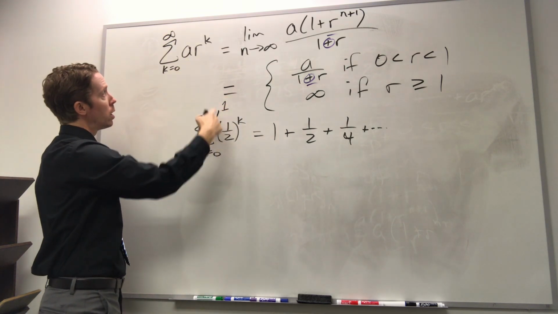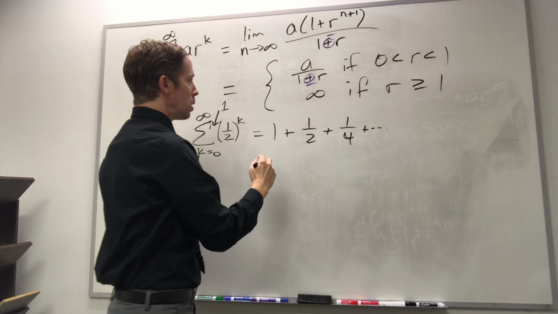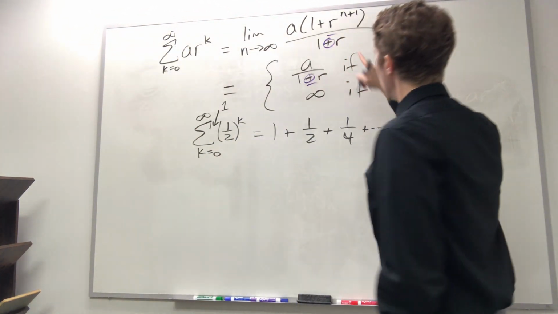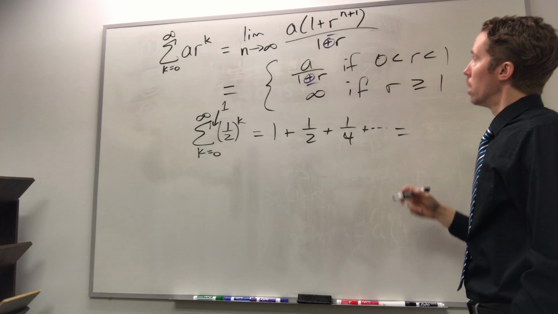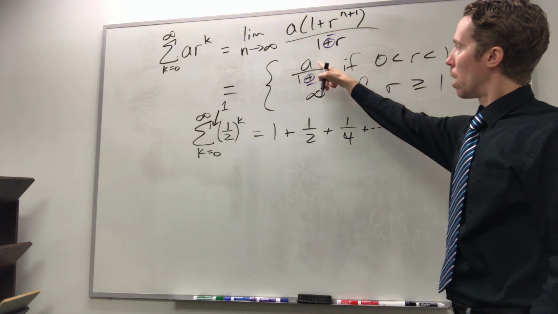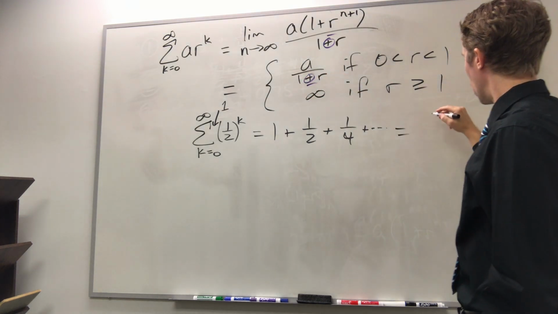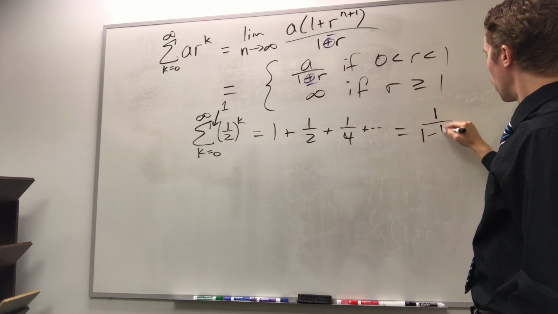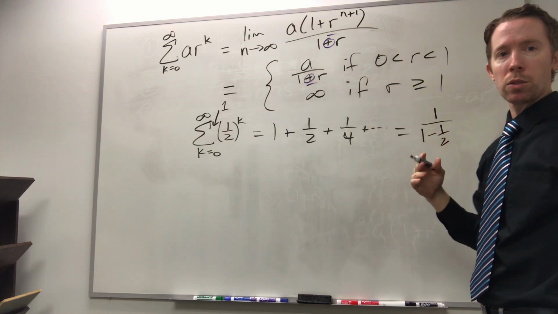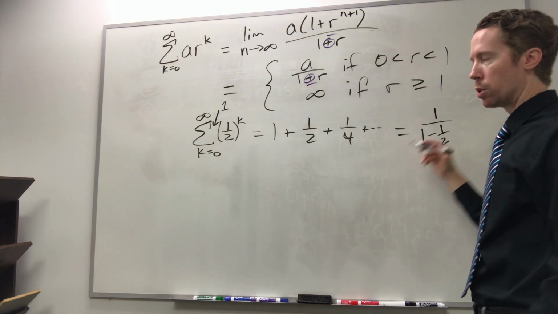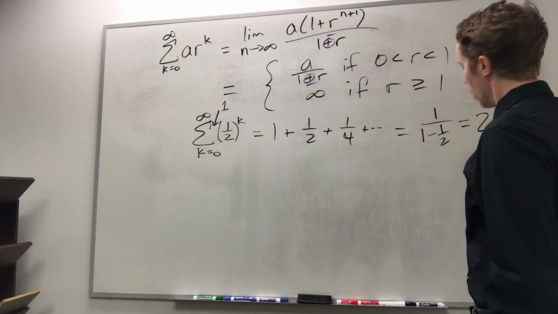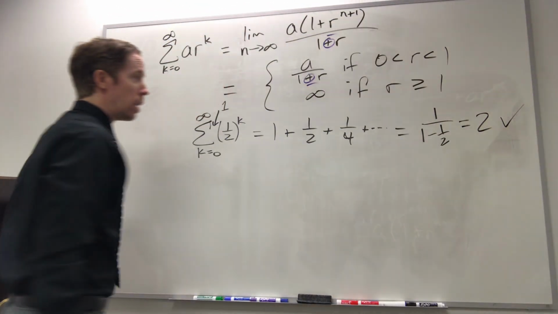So a is equal to 1, and then r is 1/2. So we know from this expression that we got here that I'll have 1 over 1 minus r. So 1 over 1 minus 1/2. That's 1 divided by 1/2, which is 2. So that makes sense.